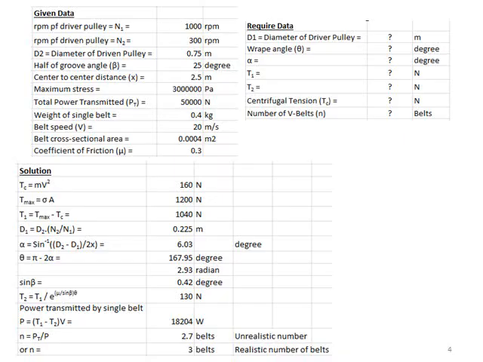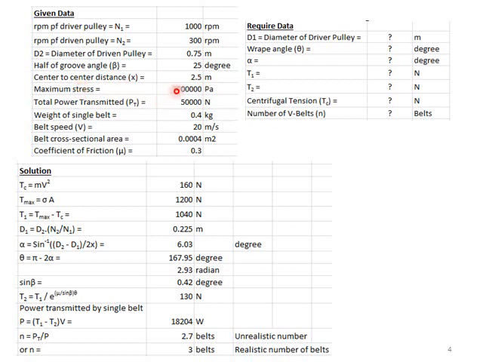So here is the Excel sheet. First the given data. The RPM of driver pulley is given, which is N1, 1000 RPM. The RPM of driven pulley N2 is given 300 RPM. The diameter of driven pulley is given 0.75 meter. The groove angle was 50 degree, which was corresponding to 2 beta. So half of the groove angle, the beta, is equal to 25 degrees. Center to center distance from driver to driven pulley is 2.5 meter.